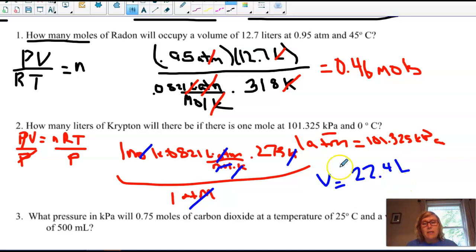Well, that makes sense because we just talked about that. If your pressure is at 1 atm and your temperature is at 0 degrees Celsius, that means your volume will be equal to 22.4 liters.